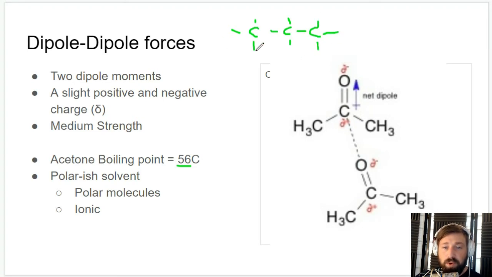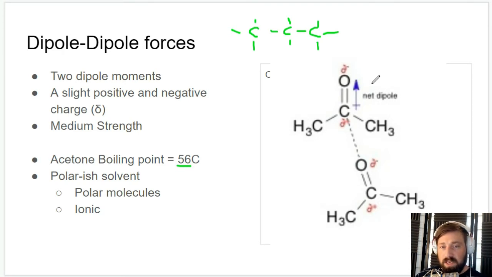In this case, this is propane. Propane at room temperature is a gas, right? You can think back on King of the Hill, propane and propane accessories. So this is a gas, but if we just add an oxygen there, all of a sudden this is acetone, and now it's a liquid.